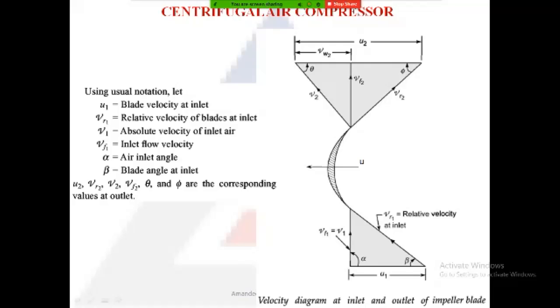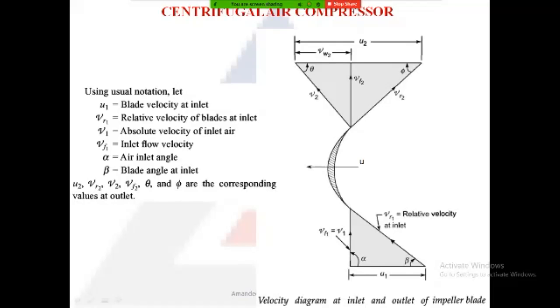Now, this blade is attached onto the hub, and the blade is moving at an angular velocity of say omega. From the center of the hub, the radius at the inlet is small and the radius at the exit is more.